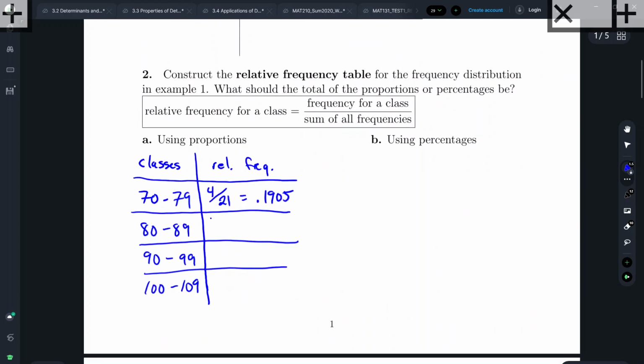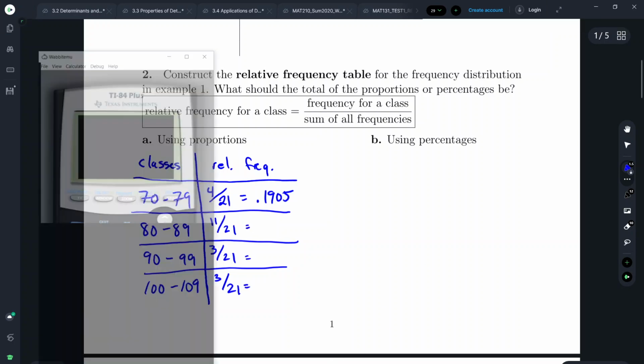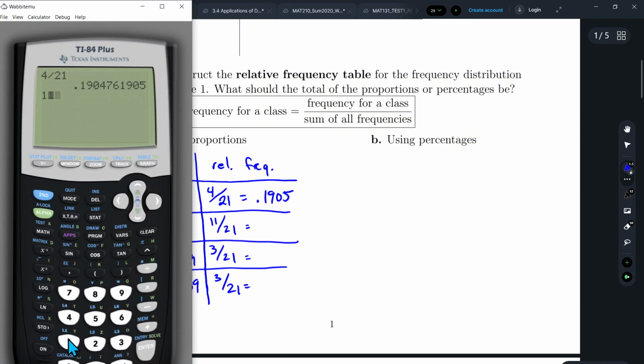So this second class would be 11 over 21. This would be 3 over 21, and this would be 3 over 21. And then again, we just calculate each of them. So 11 over 21 is 0.5238.